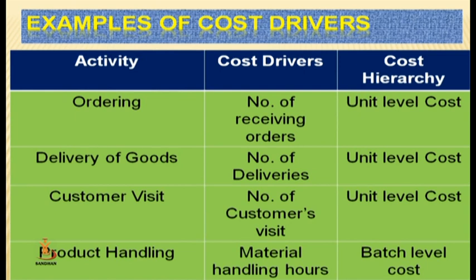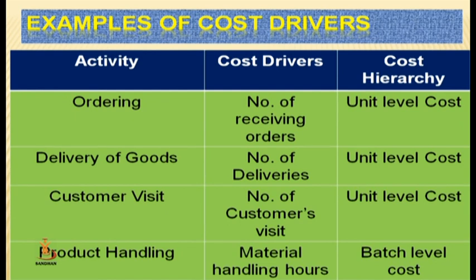So there are mainly 4 cost hierarchies, through which we find out the cost drivers for the essential activities going on in the company to manufacture a product.